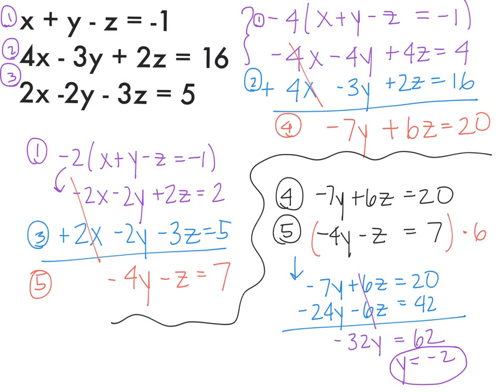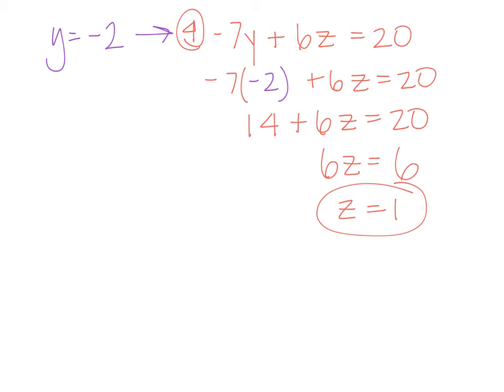Now my life is a lot easier because I'm going to take that negative 2 and plug it into either one of these equations to solve for z, and then I'm going to take y and z and plug it back into probably this equation to solve for x. So I plugged y equals negative 2 into that fourth equation that I created, and I found z to be 1.